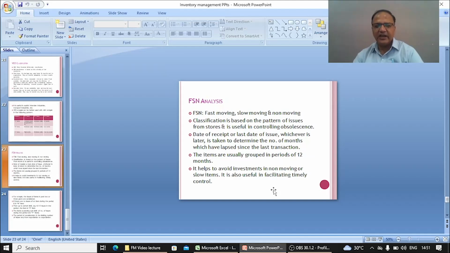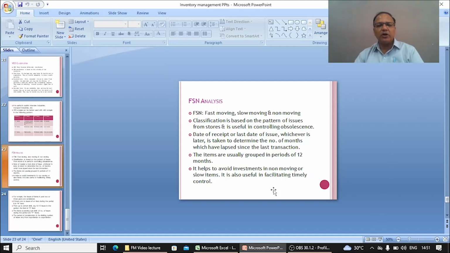And the last one is the FSN analysis. F means fast moving, S means slow moving, and N means non moving. This classification is based on the pattern of issue from stores and it is useful in controlling obsolescence.